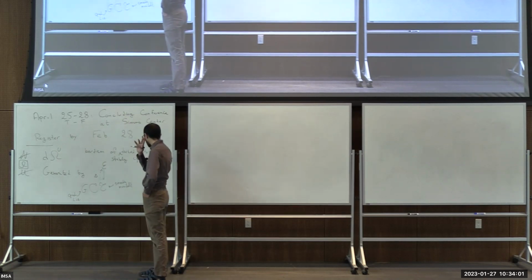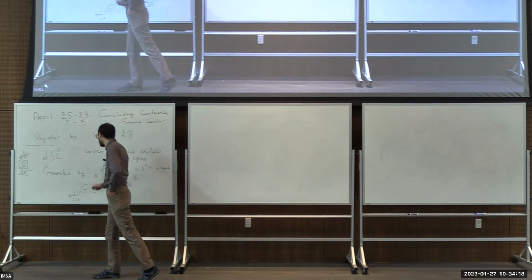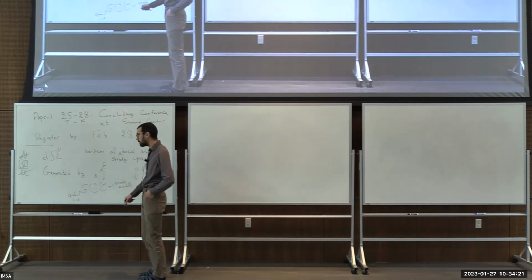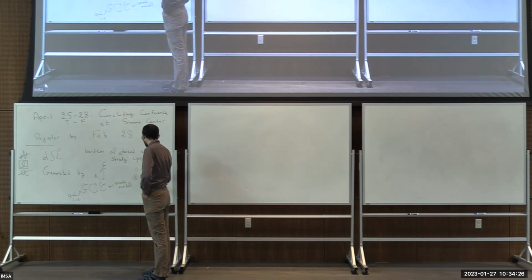One assumption is that S inverse of 0 is compact. And two, the one that I forgot to say yesterday, is that the isotropy, the stabilizers of points that lie in S inverse of 0, are finite. So all stabilizers along the zero locus are finite.